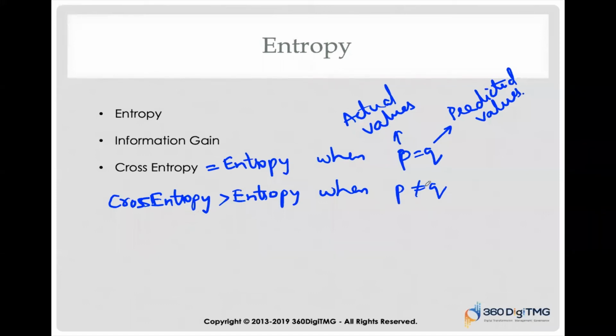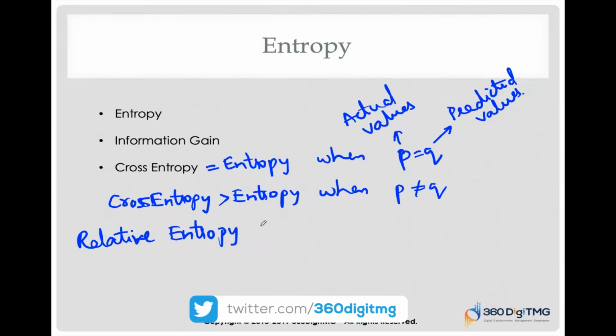If these two probabilities, actual values and predicted values, these two distributions are different, then cross entropy would be greater than entropy by a certain number of bits. And that some value by which cross entropy will be greater than entropy is called relative entropy, or KL divergence, the Kullback-Leibler divergence.